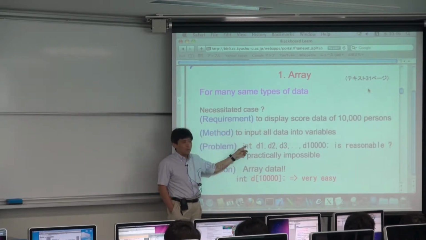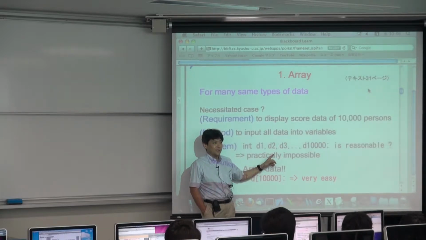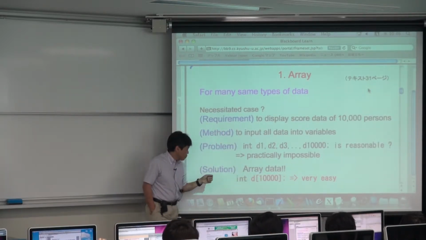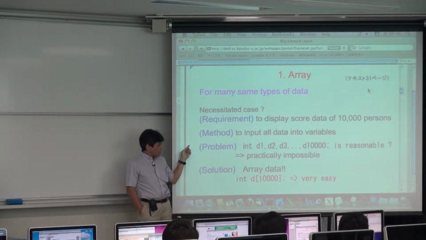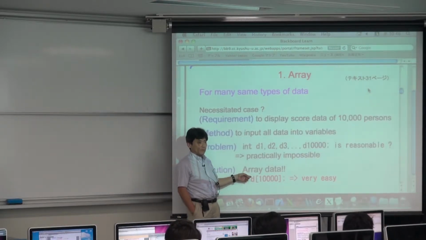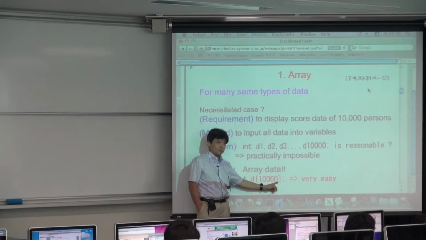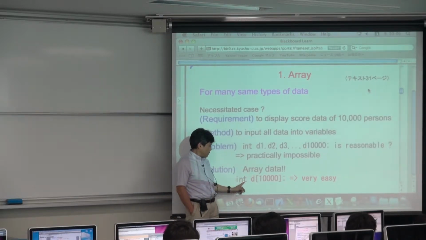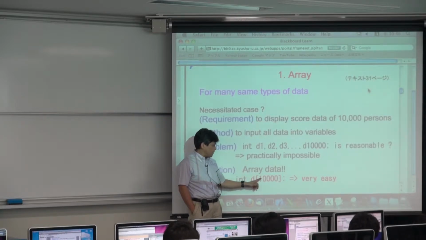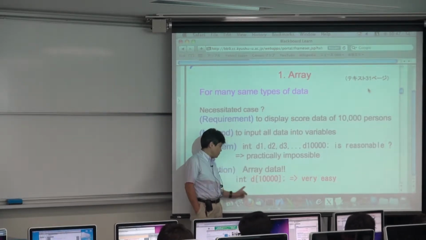Theoretically this is possible. However, practically it is impossible, as you understand. In these cases, an array is very useful and convenient. With only this definition, integer type data as an array, its size is 10,000. Only these declarations.